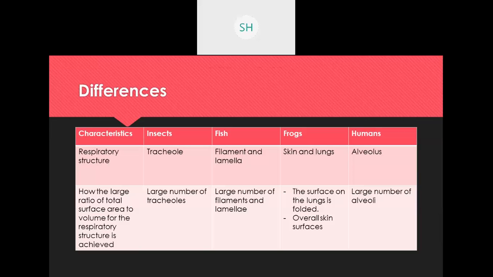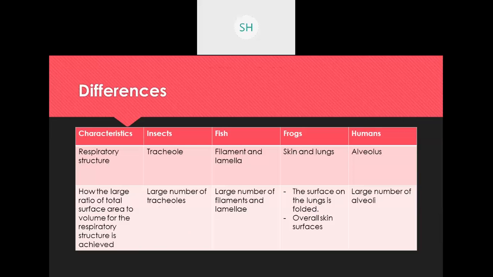So how is the large ratio of surface area to volume achieved for each respiratory structure? In insects, a large number of tracheoles increases the diffusion of the respiratory gases. For the fish, a large number of filaments and lamella. For the frog, the surface of the lung is folded, which increases the total surface area to volume.